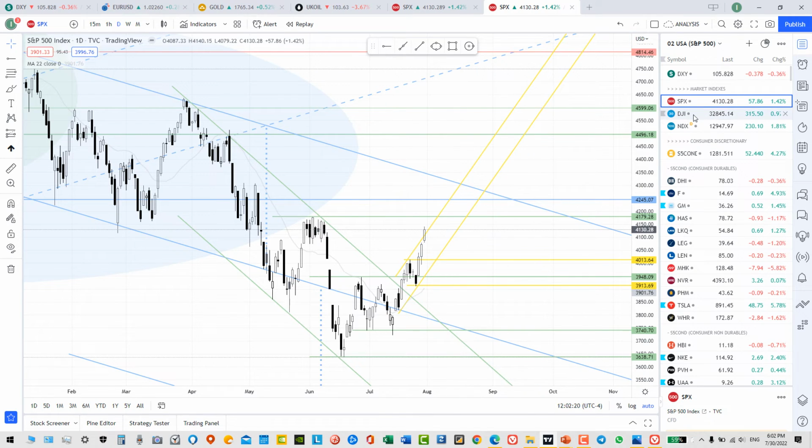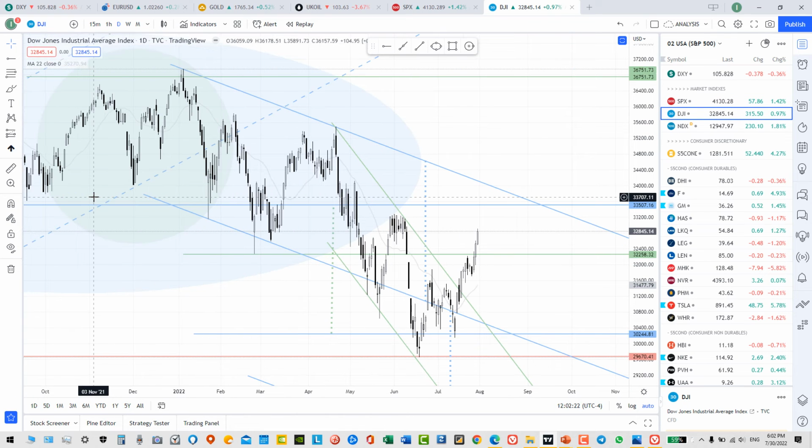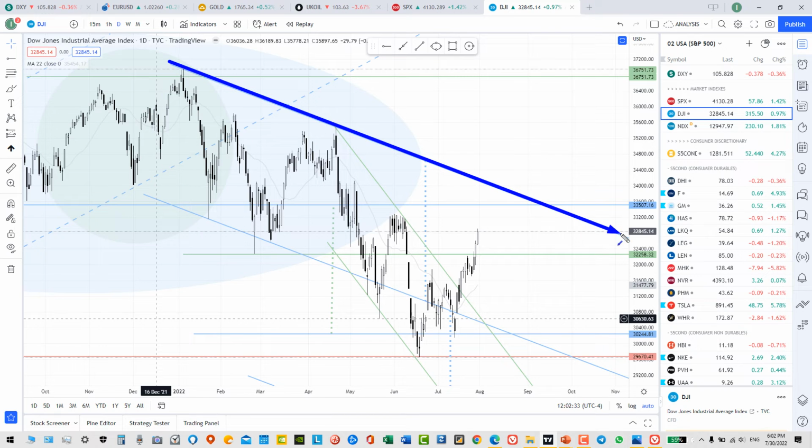Now let us check the Dow Jones Industrial Average. You can clearly, in one second, say that things are going identical and the change is only in the numbers. Take a look here. The major picture is bearish, similar to the S&P 500 index.